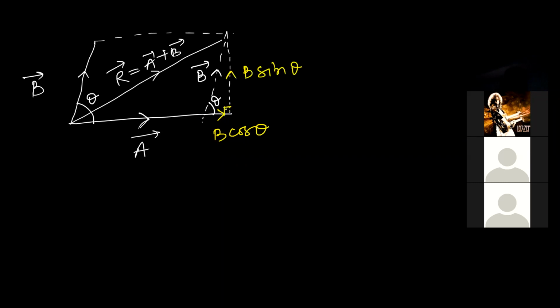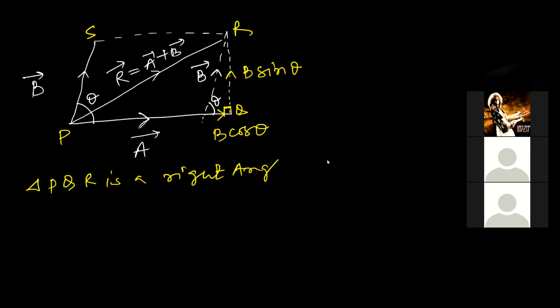This angle is 90 degrees. If this angle is 90 degrees, I can say this is a triangle like PQRS. So I'm getting a right angle triangle, that PQR is a right angle triangle, right?